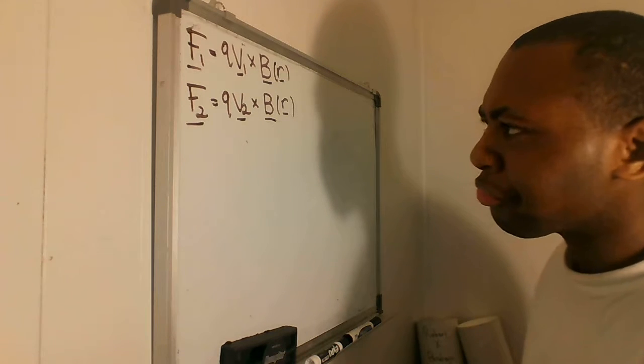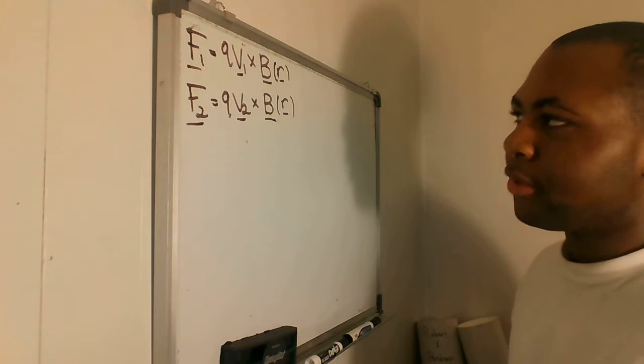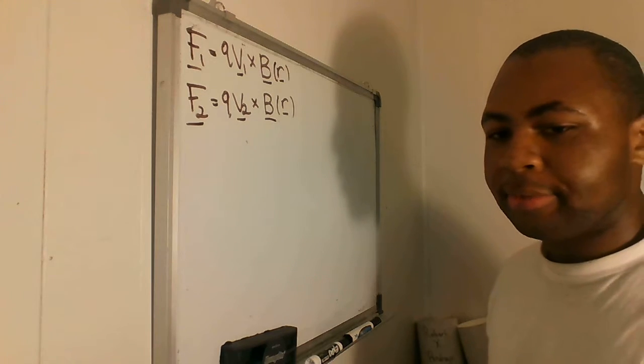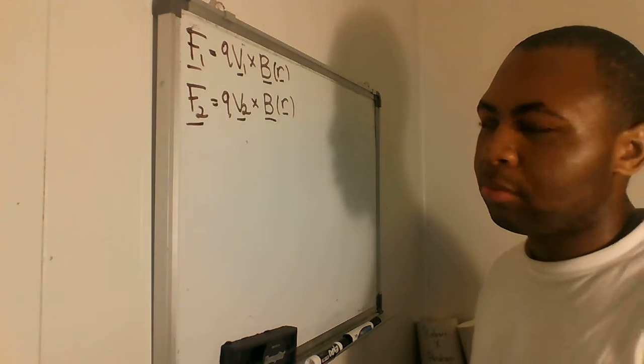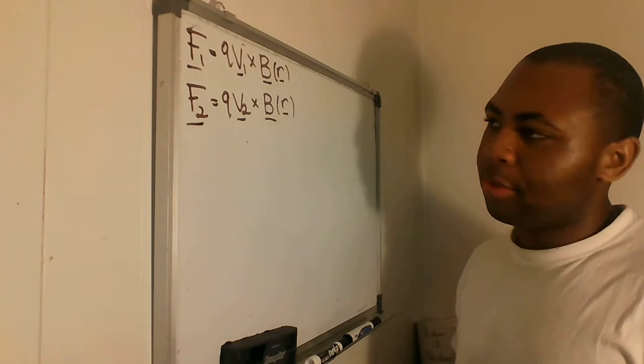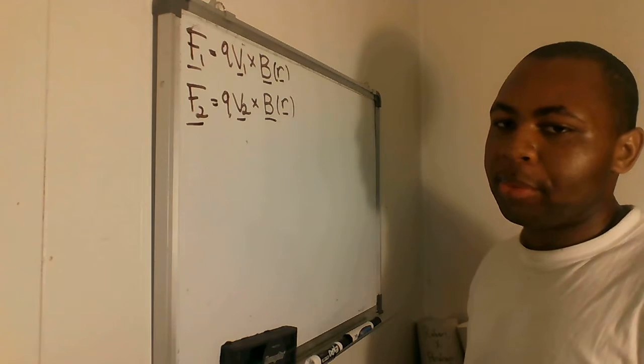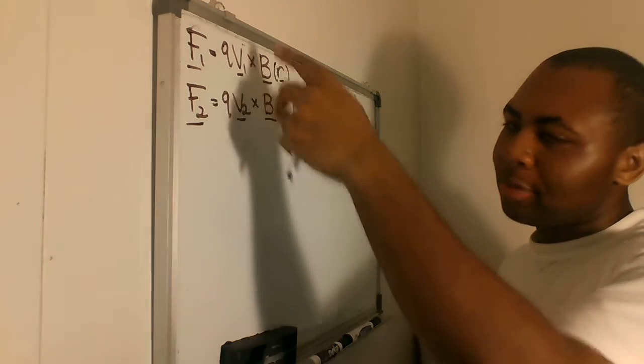The first thing I thought of was that we're going to have to get the B field by itself. If we're looking for the B field under these conditions, we have to isolate B with respect to these two forces, and then figure out what the B field is with respect to these two velocities.